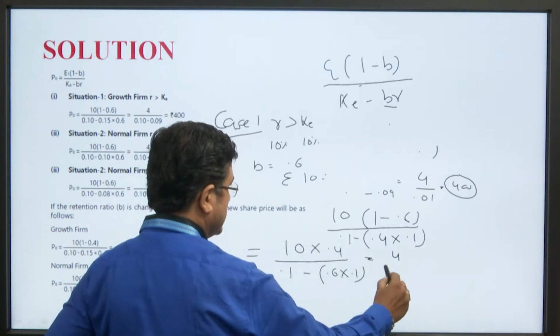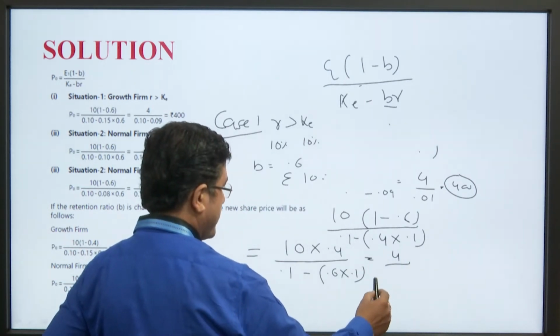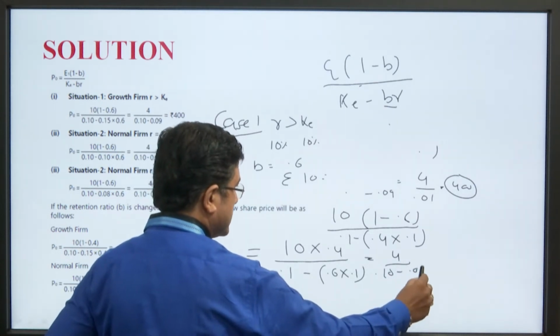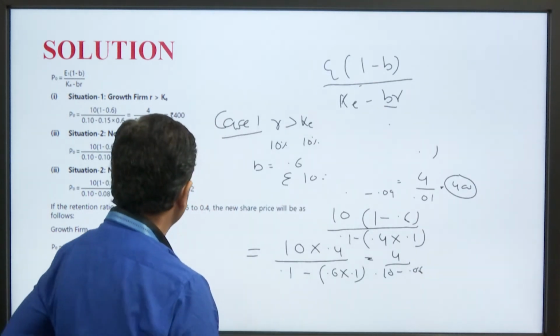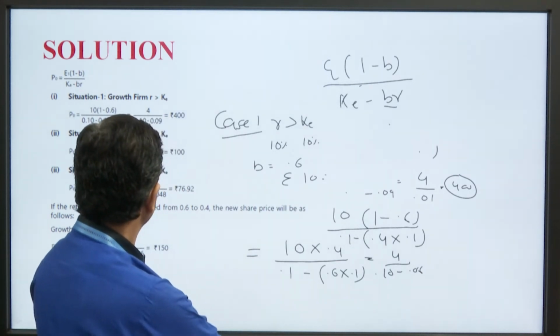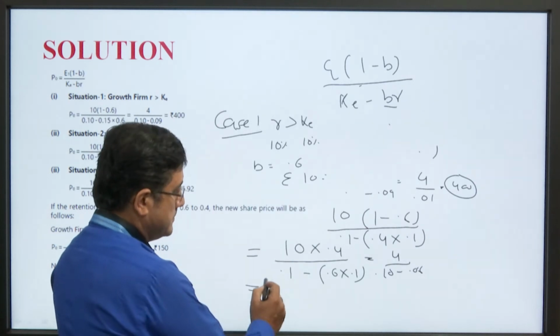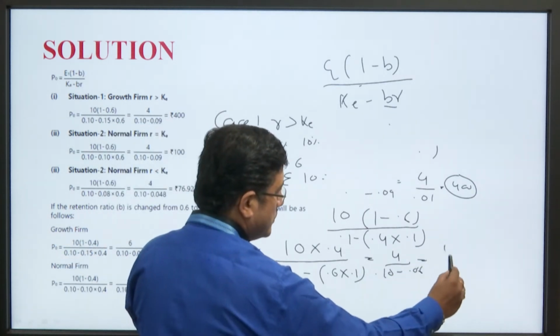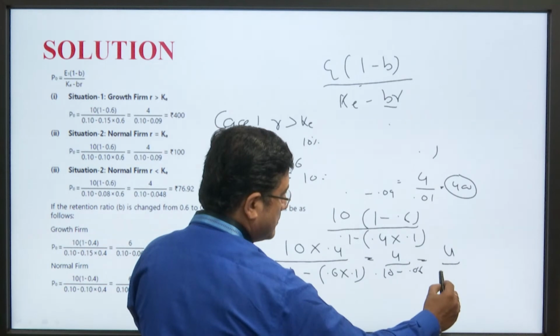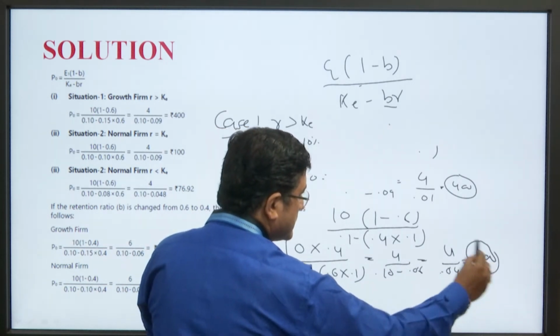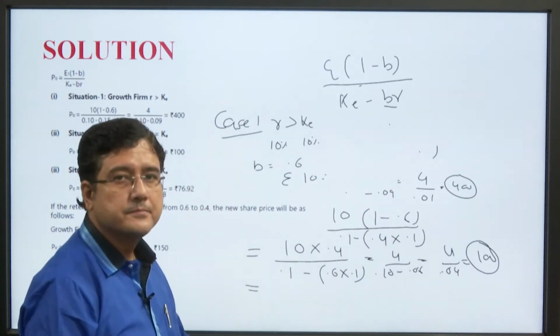So, it is 4 divided by 0.10 minus 0.06. Therefore, 4 divided by 0.04 equals 100.